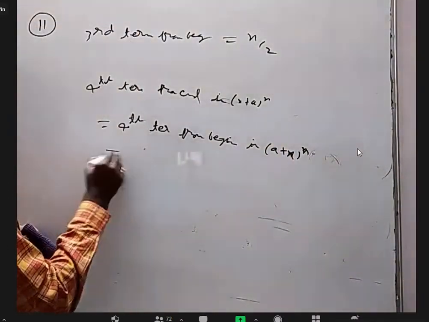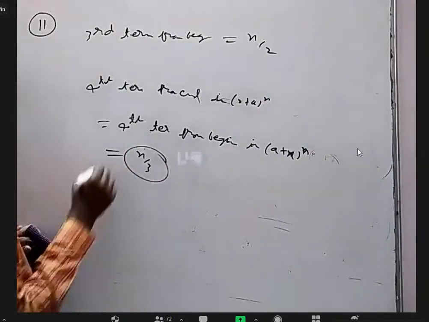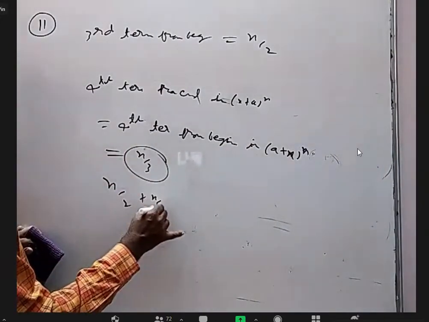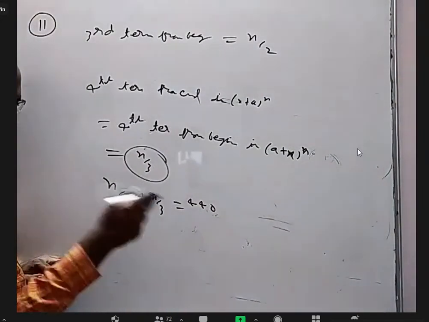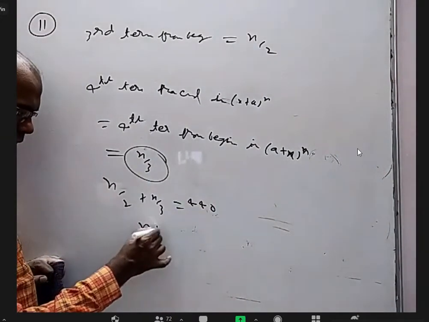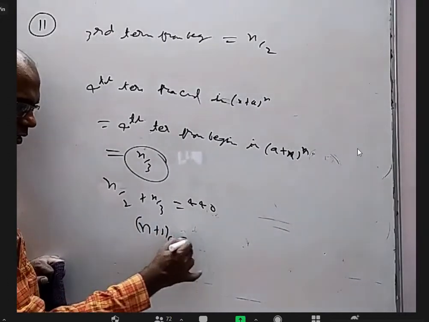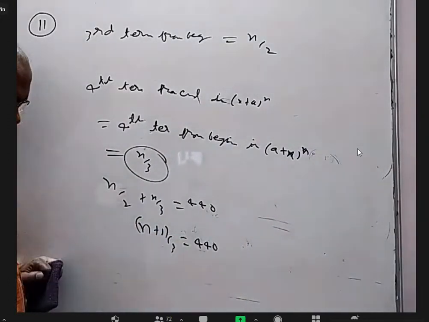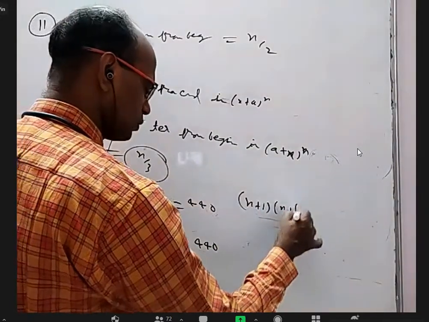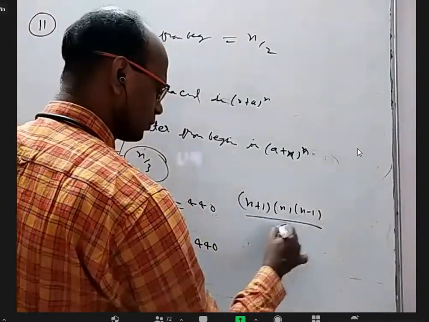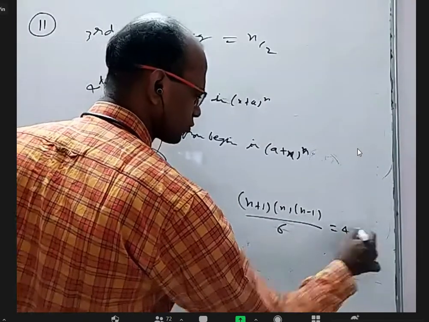So that will have coefficient nC3, not the full term. So now they want nC2 plus nC3 is 440. And nCr plus nC(r+1) is (n+1)C(r+1). So you'll get (n+1)C3 is 440. That is (n+1) into n into (n-1) by 6 is 440.